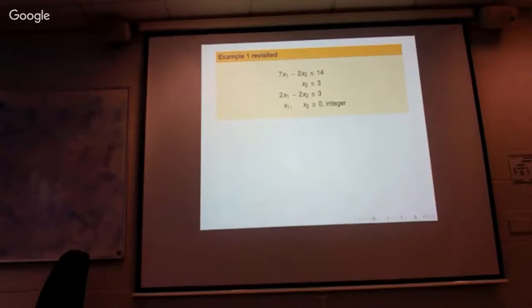Okay, so this is going to be the main idea of the algorithm that we're learning today. You take multiples of some of the constraints that you were given in the beginning.